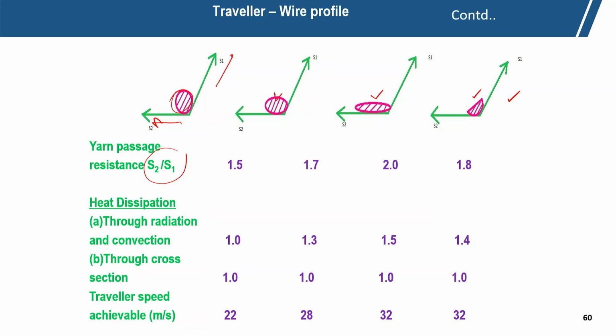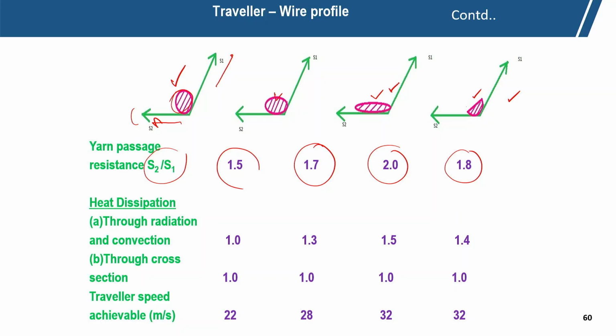So, when we are winding S2 by S1, the resistance will be 1.5, 1.7 to 1.8. So, these are the resistance here. That means, here if we see this, the lowest resistance is given by the circular one and highest is the flat one.